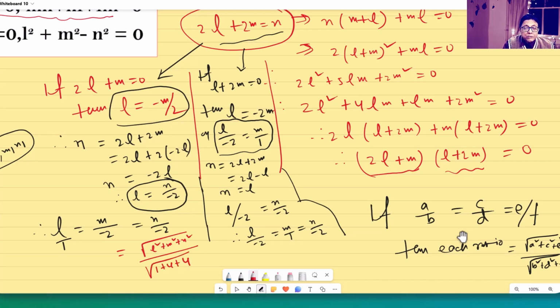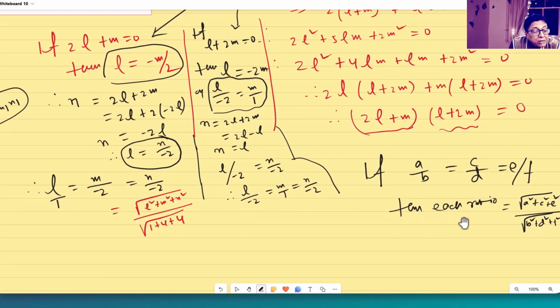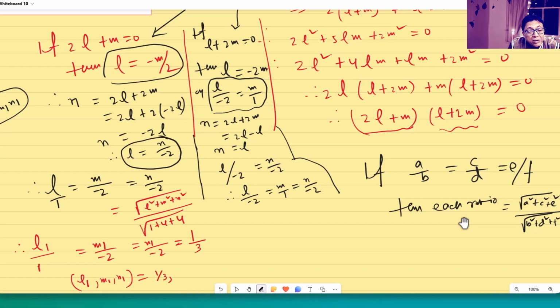Okay? What is the value of L square, M square, N square? That is 1. So here it is going to be L by, now I am replacing them by L1, M1 and N1. L1 by 1 for the first line, M1 by minus 2, N1 by minus 2 equal to this is 1. And here it is under root 9, so 3. So for the first line, L1, M1, N1, this is going to be 1/3, minus 2/3, and minus 2/3.